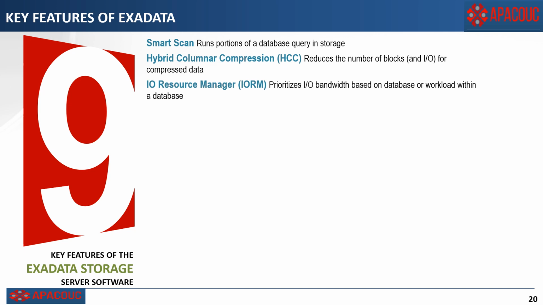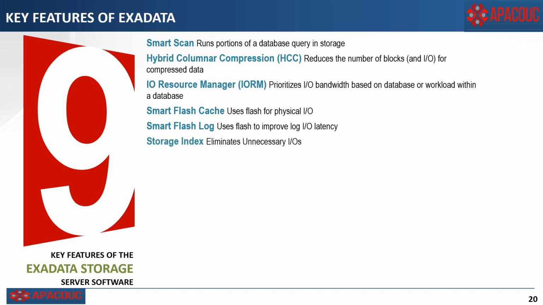I/O Resource Manager prioritizes I/O bandwidth based on a database or workload within a database. Smart Flash Cache is located on a flash card and saves the data. And Flash Log saves the redo log information, so changes are written there.